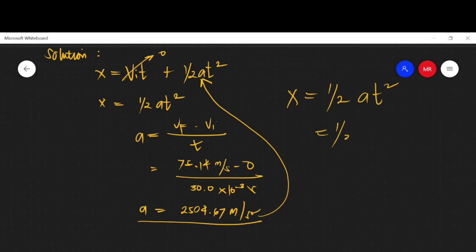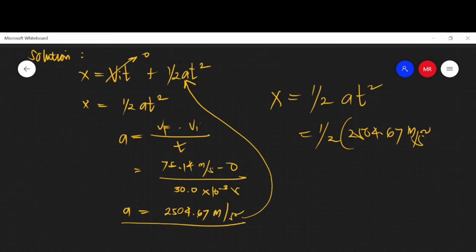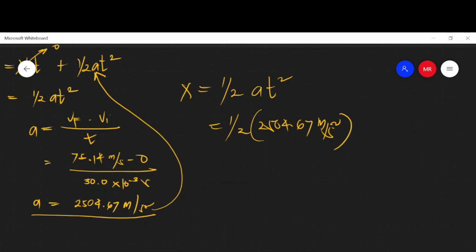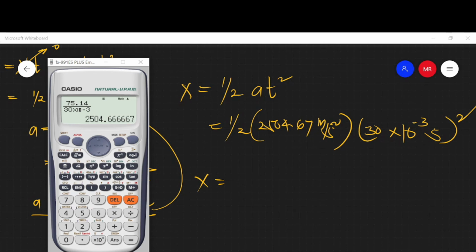This is equal to 1/2 times 2504.67 meters per second squared multiplied by 30 times 10 raised to negative 3 seconds, squared. Let us see how much the displacement of the tennis ball is.